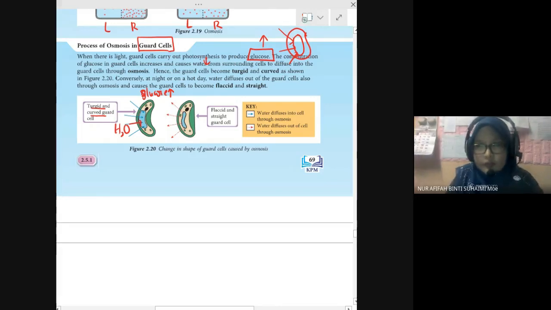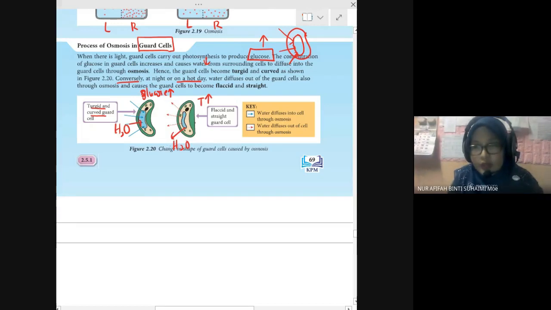Now, conversely, at night or on a hot day, water will diffuse out from the guard cell, keluar. Because the temperature at the surrounding outer of the stoma is higher than inside, the water will diffuse out.